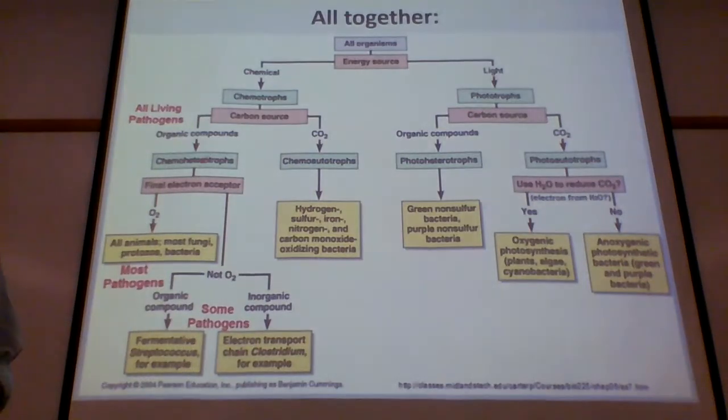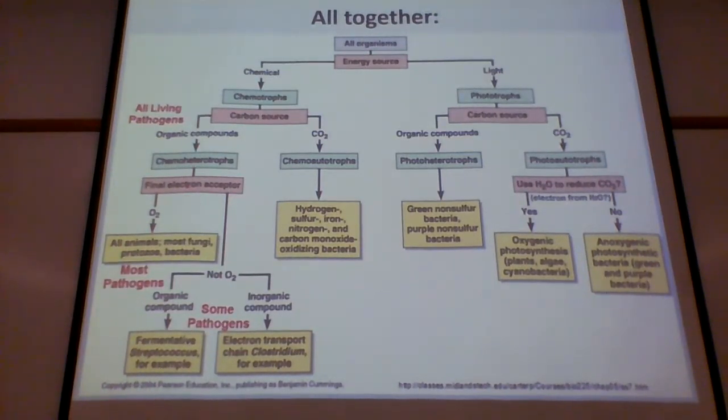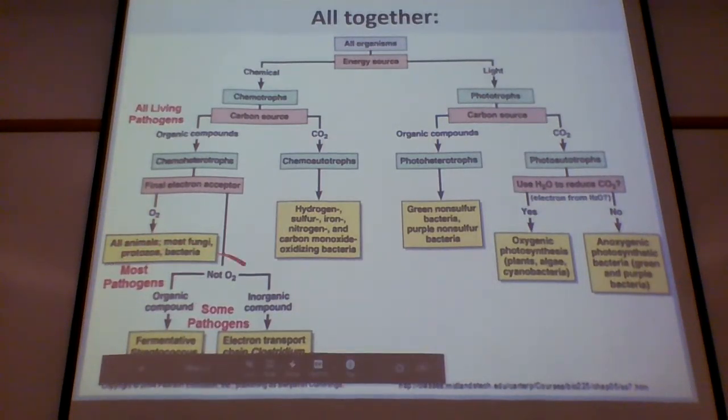They are all down this side in that they're taking organic compounds, what we would call food, and the final electron acceptor is either oxygen, and that's what we do, and most pathogens, or it's not oxygen, and it's either an organic compound or an inorganic compound.